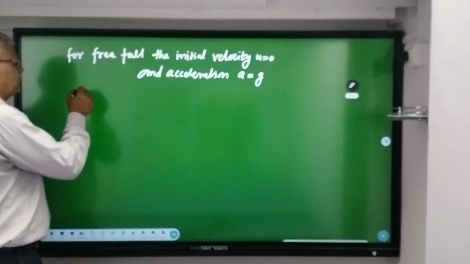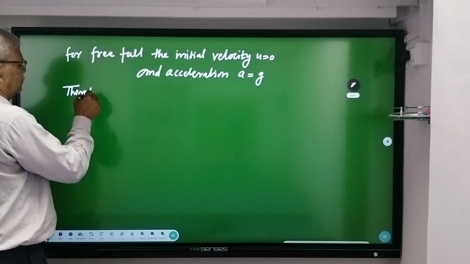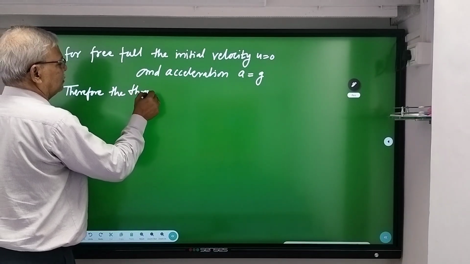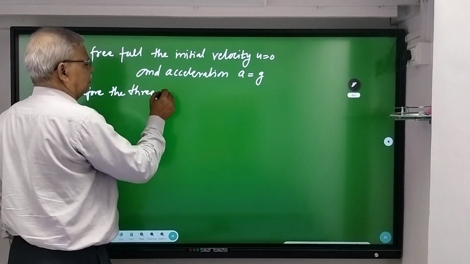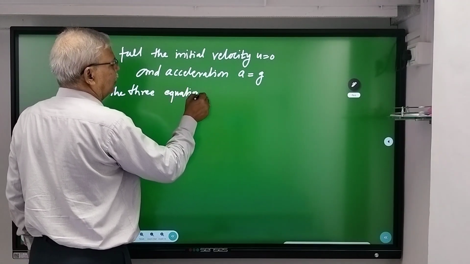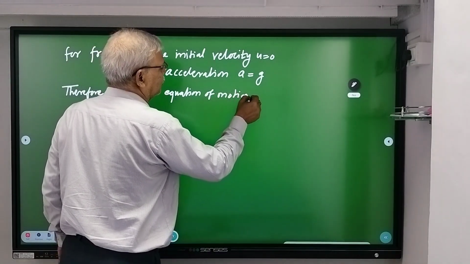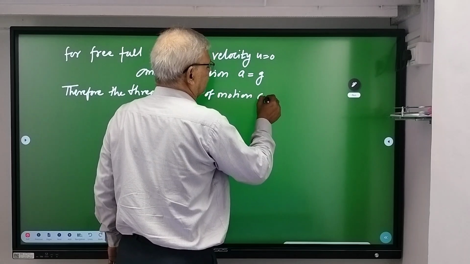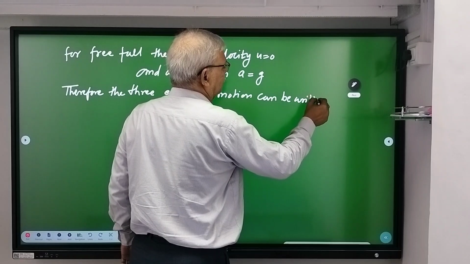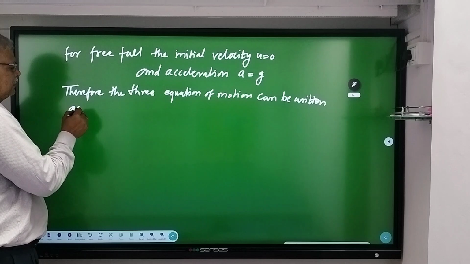Therefore, the three equations of motion can be written as below.